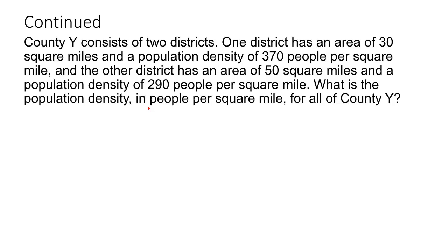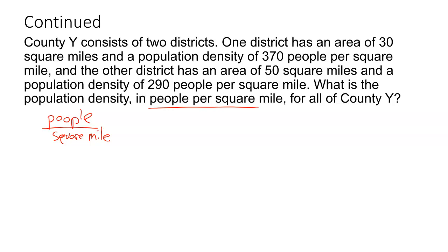That's our ratio. People per square mile. So if you want it for an entire county, you have to know how many people there are and how many square miles there are.